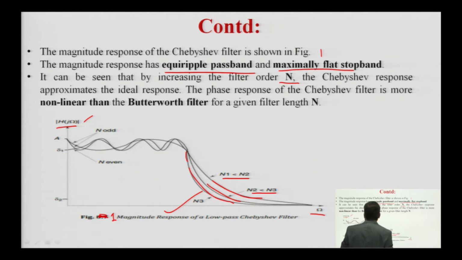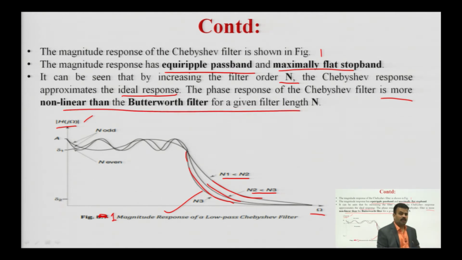The Chebyshev filter approximates the ideal response like Butterworth, and the phase response of the Chebyshev filter is more non-linear than the Butterworth filter. It means in both types of approximation, by increasing n, the magnitude response goes towards the ideal curve, the ideal response.